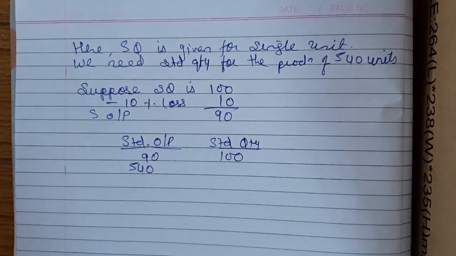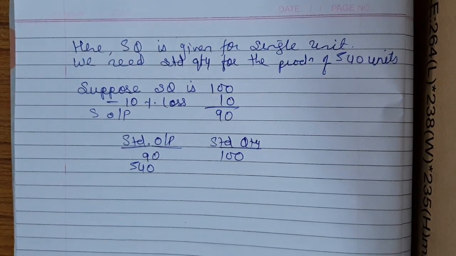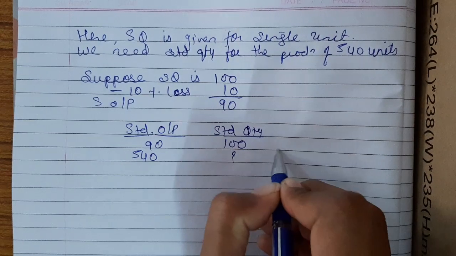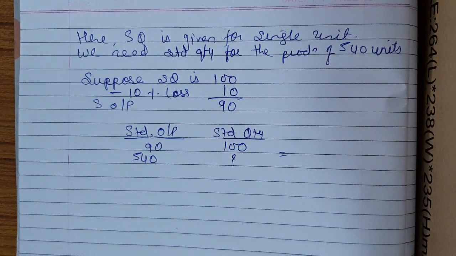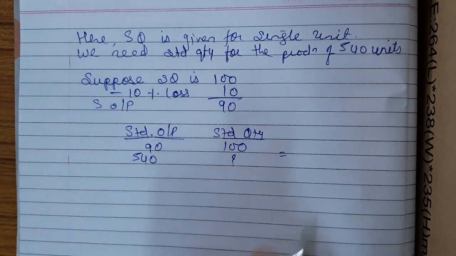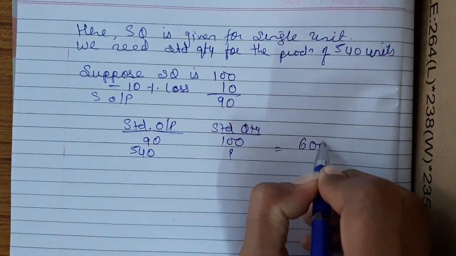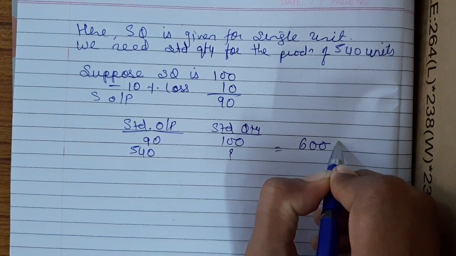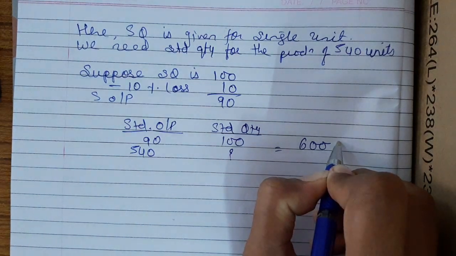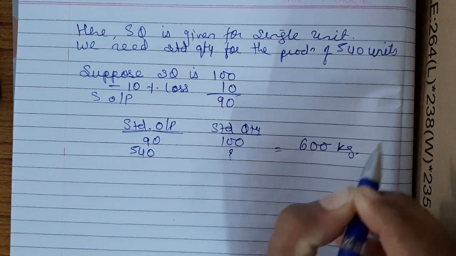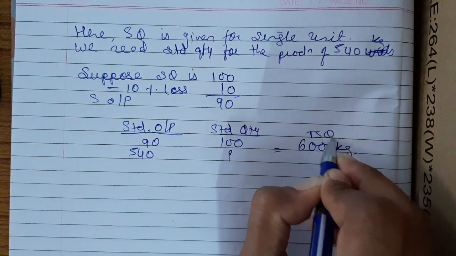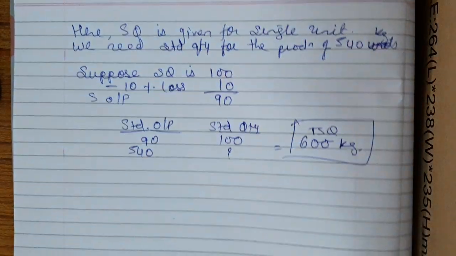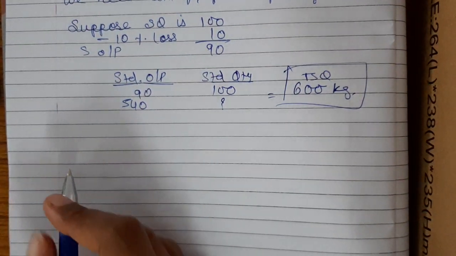This output is always given in the example, output or production. So the quantity would be, let us calculate, 540 into 100 divided by 90. So my standard quantity is 600 kilograms, right? Here kilograms. So my TSQ is 600 kilograms, right?